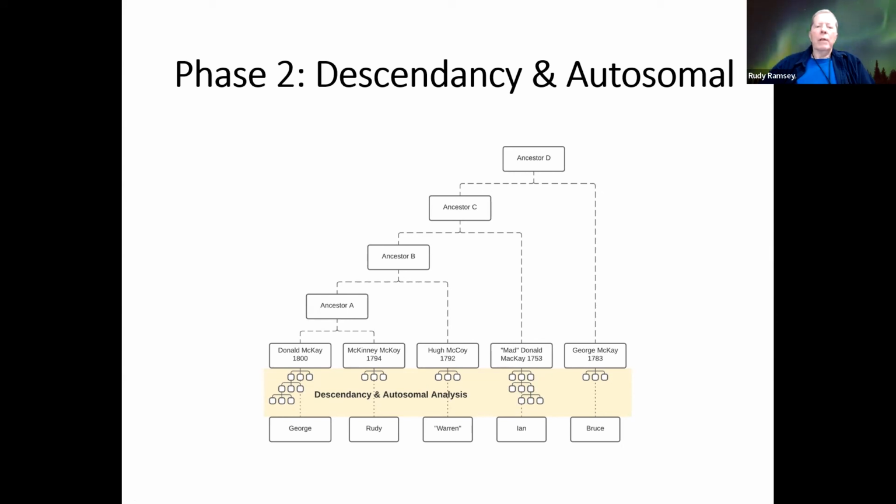I put myself in that tree and each person in my line back to my earliest known ancestor in the line, and artificially, it's not real, artificially tied him, McKoy, to Mad Donald McKay. And I picked up 3 autosomal matches.